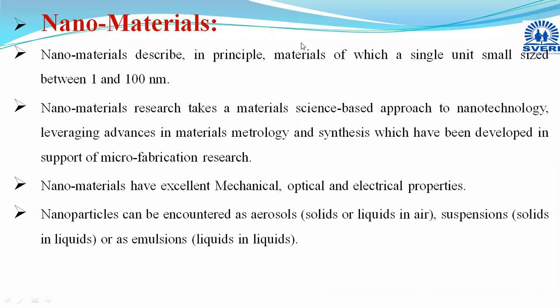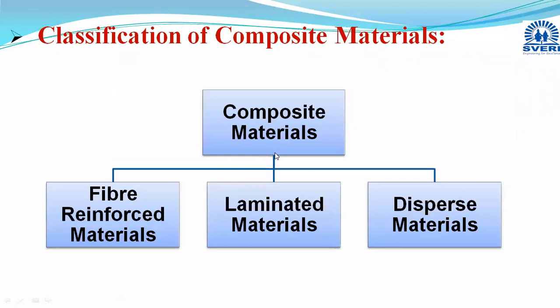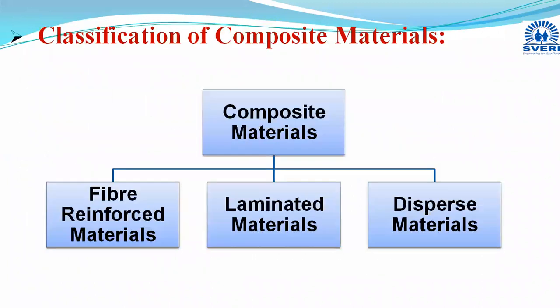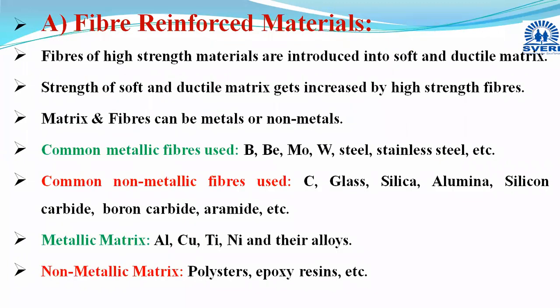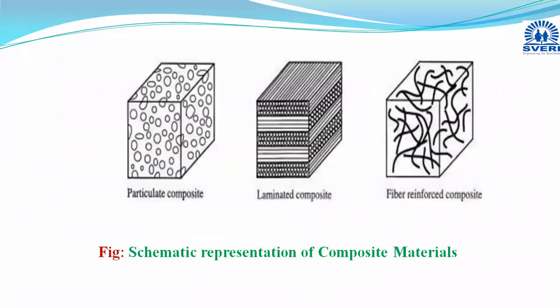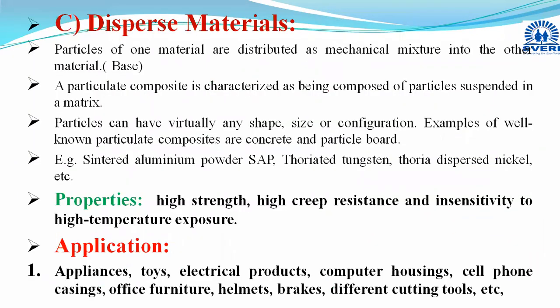In this way we have completed this part on composite materials and nanomaterials. In today's session, I have covered composite materials with their basic concept and classification into three types: fiber reinforced composites, laminated composites, and dispersed or particulate composites.